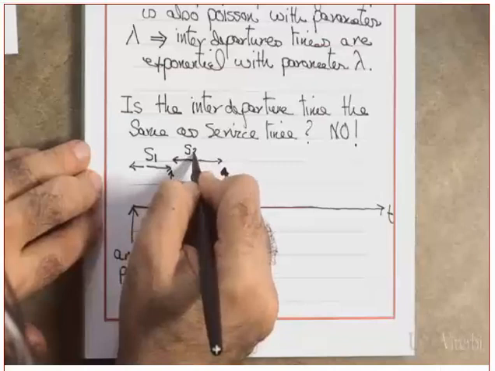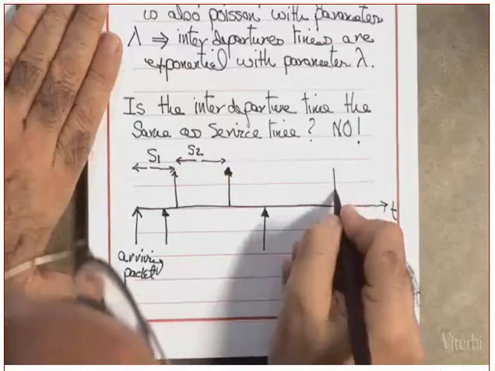The inter-departure time is the same as the inter-arrival times to Q2. So what is it? What are the inter-arrival times? Exponential with what parameter? Lambda. Which means the arrival process to the second queue is a Poisson with what parameter?